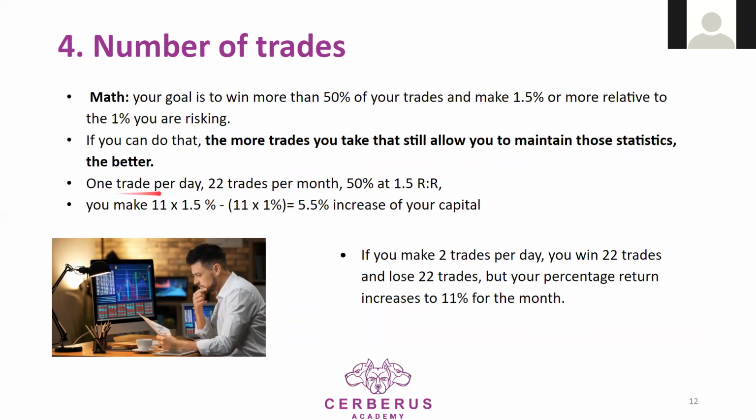If we have one trade per day, it means 22 per month, 50% at 1.5. So it means that in 1 month, we increase the capital by 5.5%. If you make 2 trades per day, the profit will be 11% per month. Of course, statistically speaking, okay?